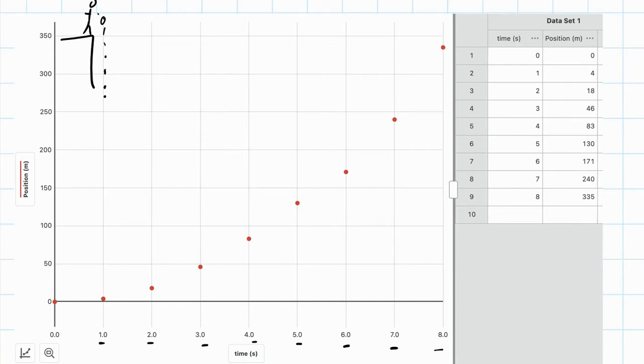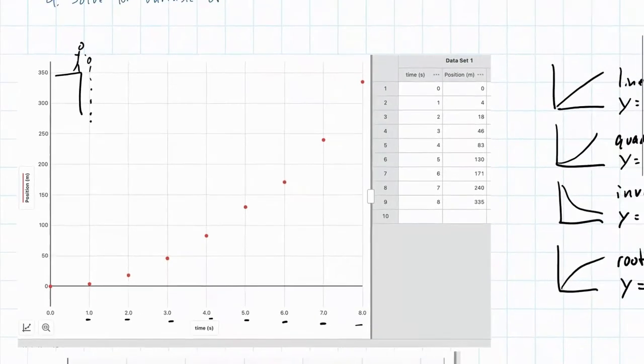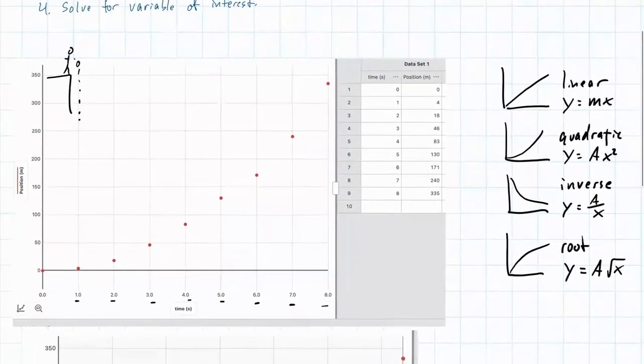And so the first step in linearizing is just recognizing, based on your physics experience, what is the most likely relationship that these two axes share with each other. And from our insight, from our intuition and experience, we've got very few to choose from.